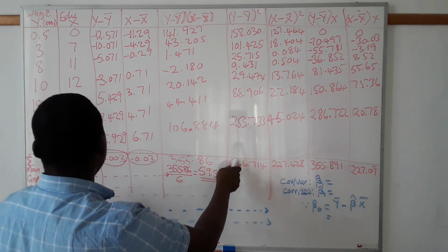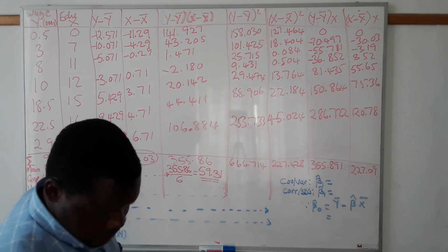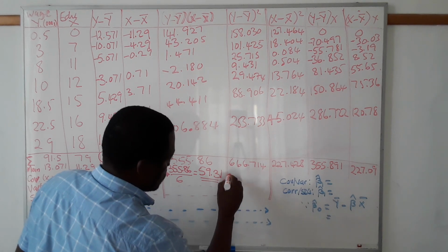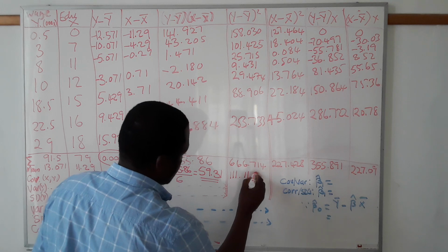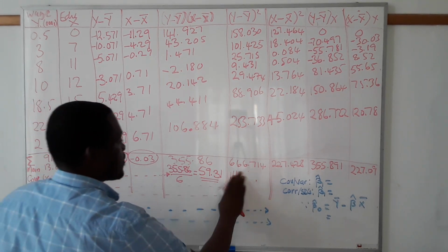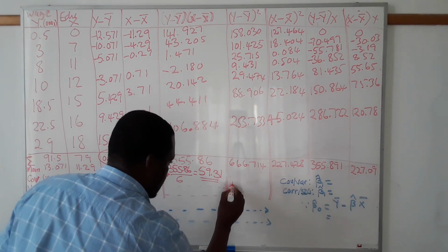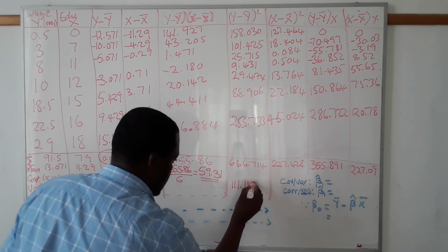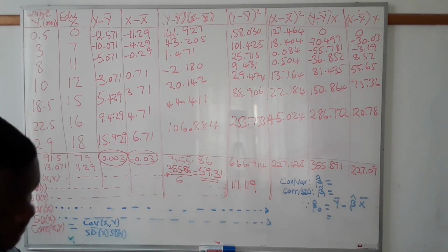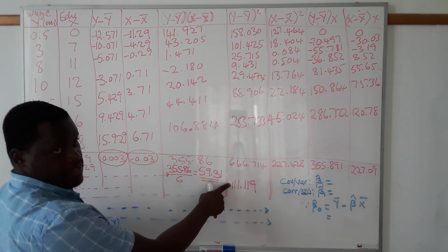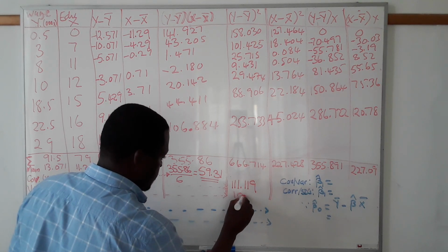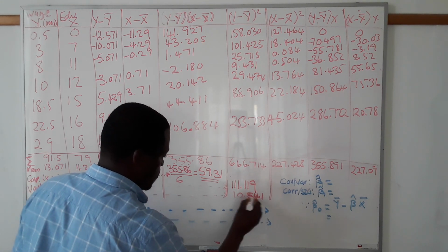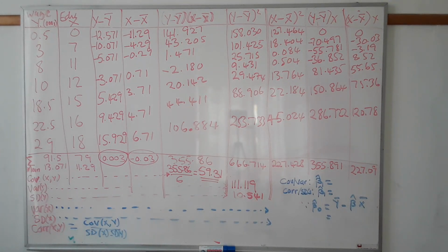So it's that number divided by 6, and we should get 111.119. So it should be written here, 111.119. The standard deviation is the square root of this. So the square root of 111.11 is 10.541. Okay, we are done with that one.